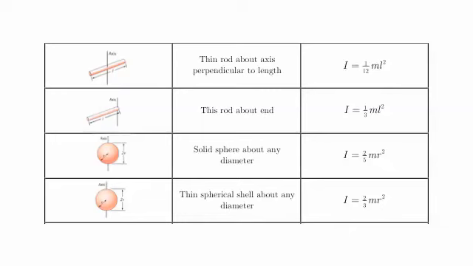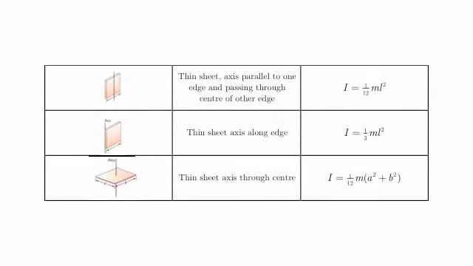Instead of a solid sphere, a thin spherical shell is a little bit different. It's 2/3 mr squared. And finally, we have these thin sheets, basically rectangles. A thin sheet with its axis of rotation parallel to one edge but passing through the center of the other gives 1/12 ml squared.